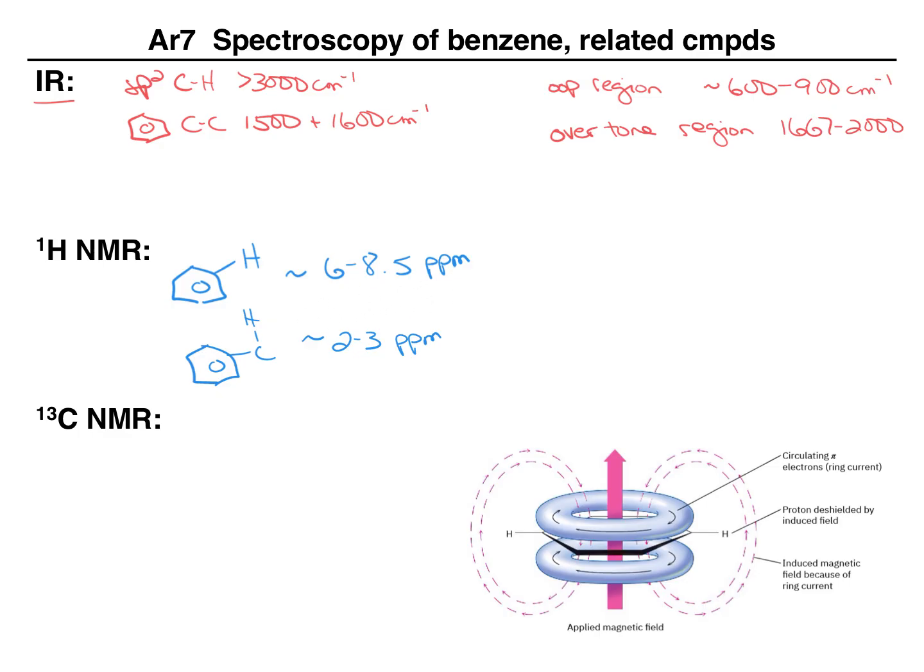You're not responsible for understanding the details of diamagnetic anisotropy, but you are responsible for recognizing the ranges of aromatic hydrogens. By C13 NMR, our aromatic carbons will absorb typically around 110 to 175 ppm.